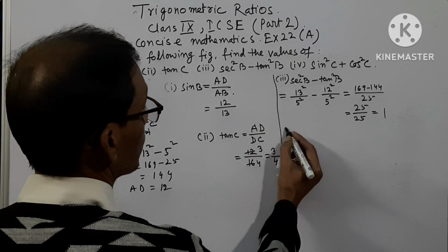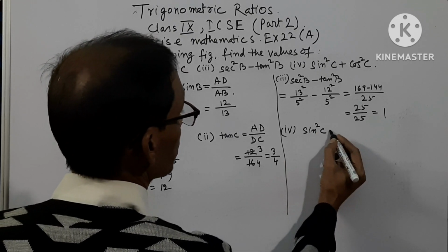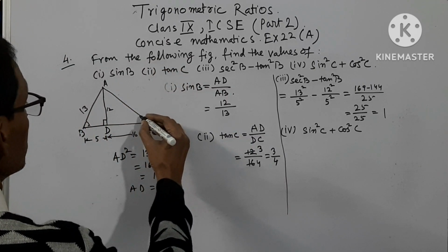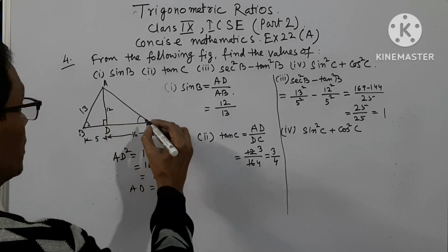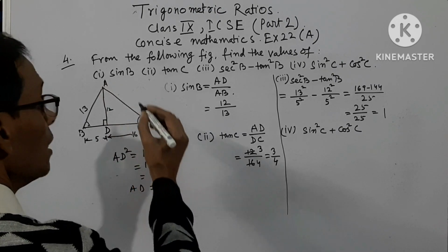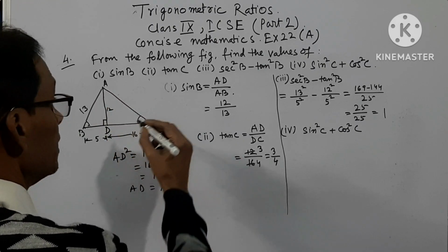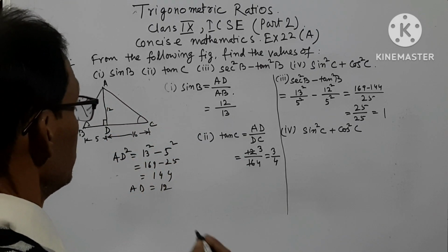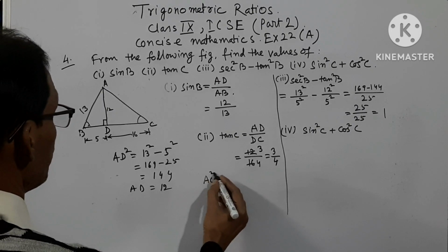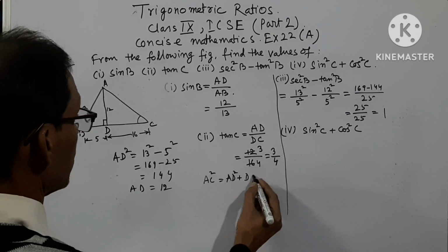Number 4, sin square C plus cos square C. You have to see this triangle ADC. Always you have to take the right triangle. So ADC is our required triangle, and sin C will be 12 by AC. But AC is not given. AC you have to find out. AC square equal to AD square plus DC square.